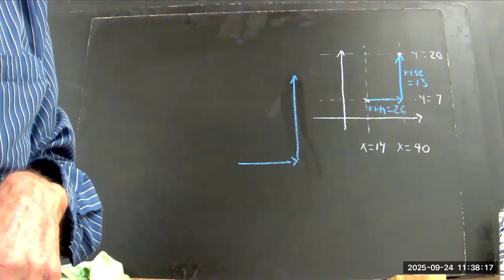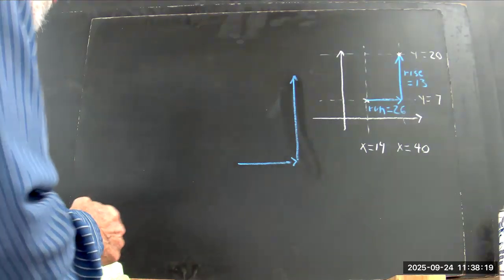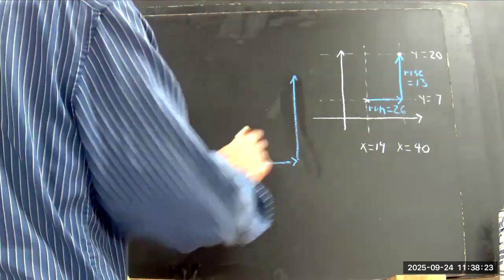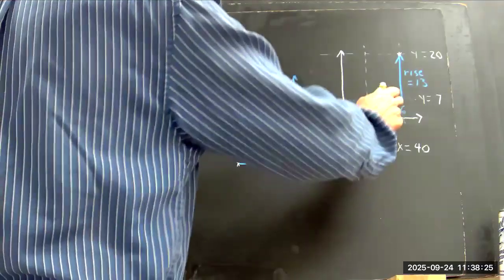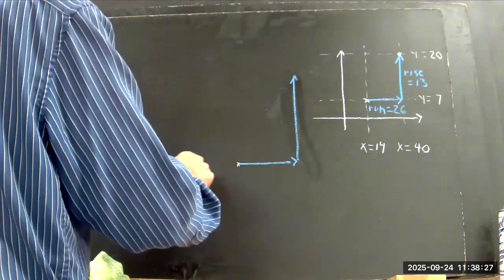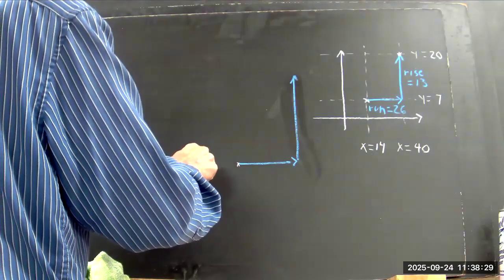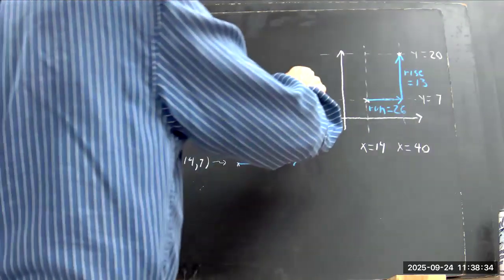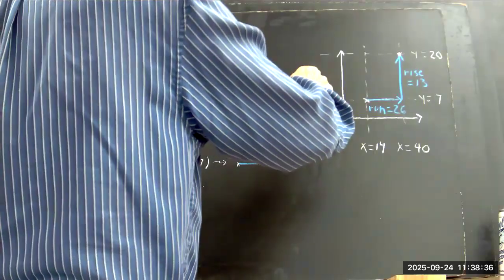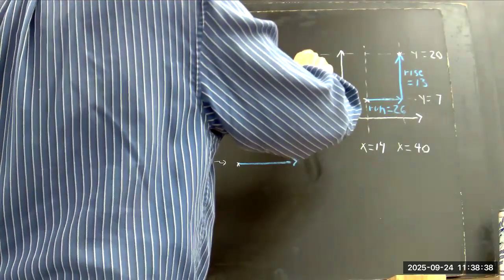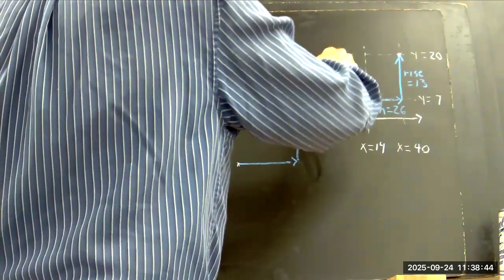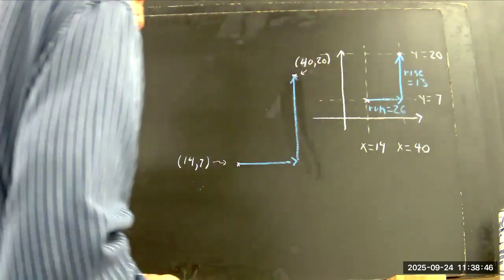Okay. Now a more complete labeling. This point has coordinates 14, 7. And this point has coordinates 40, 20.